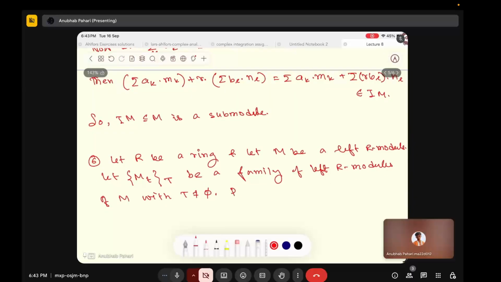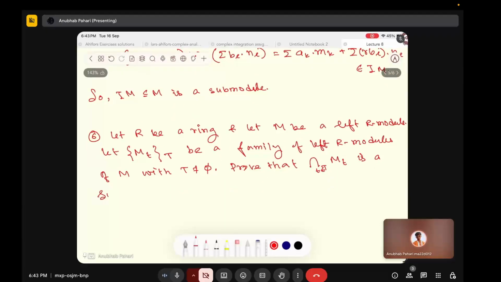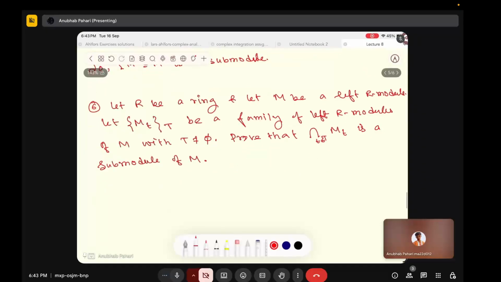Prove that the arbitrary intersection is a submodule of M. So again, you can think about this for 2 or 3 minutes, then we can start discussing this.